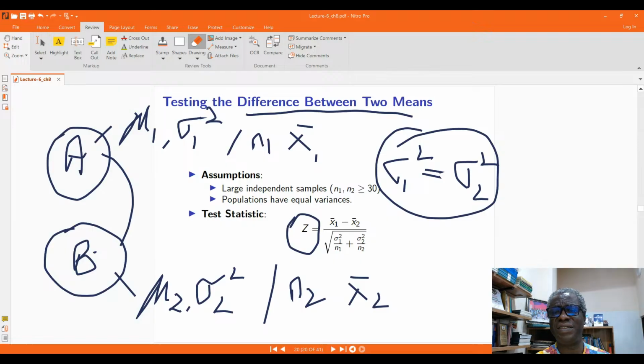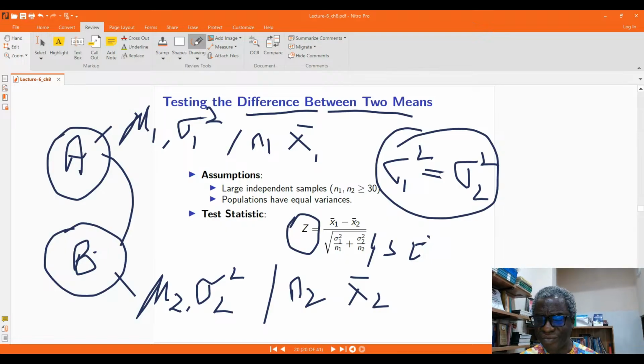It says the sample mean from population 1 minus the sample mean from population 2, divided by what you see here, which, if you recall, is the standard error of the difference of the sampling distribution of two means.